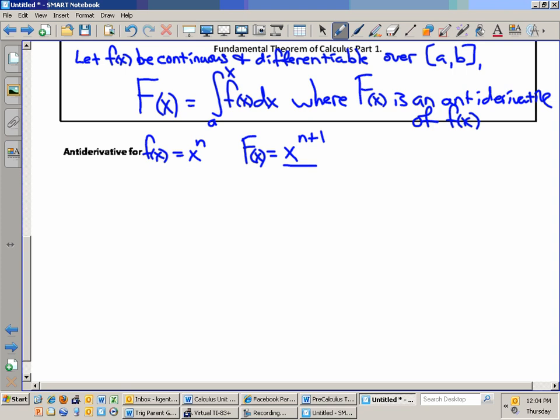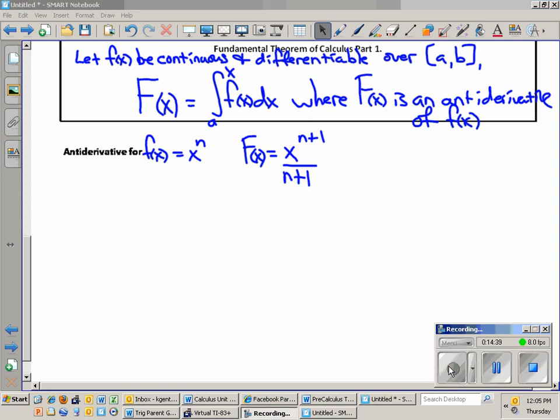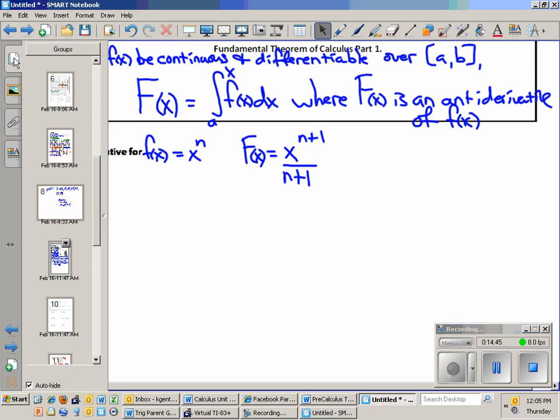We increase the power by 1, and instead of multiplying it, we divide by it. We increase the exponent by 1 and divide it by the new exponent. That's it. That's the antiderivative.